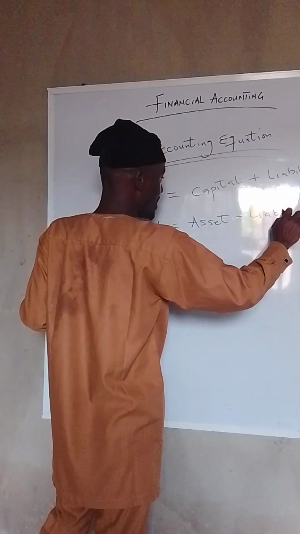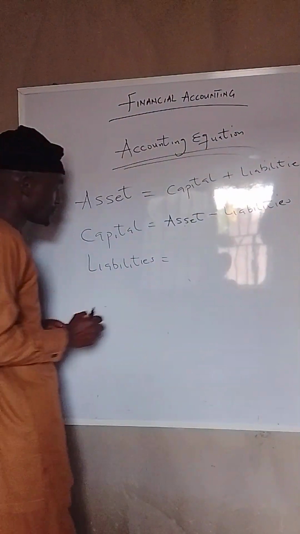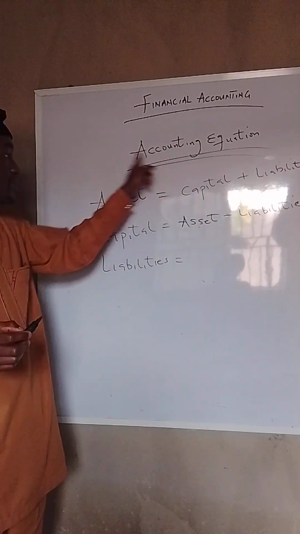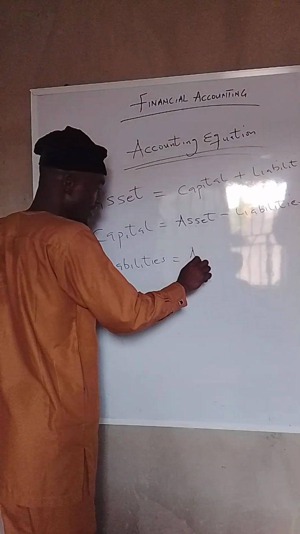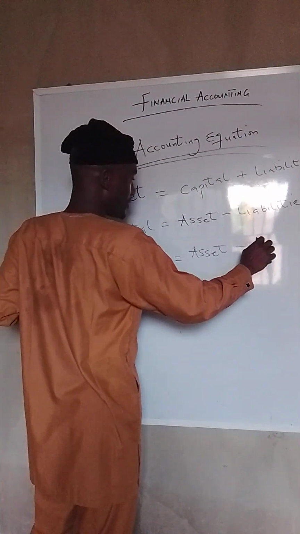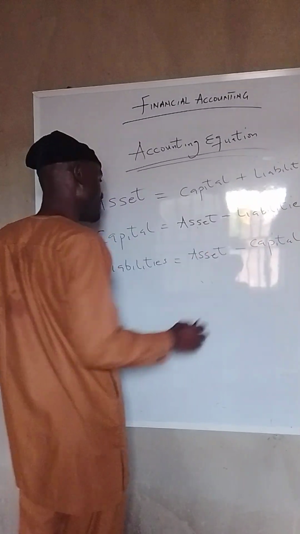That's your formula. These are things that we have to understand as a student. Then liabilities, same thing: it's going to be assets minus capital. That's the formula for calculating liability.